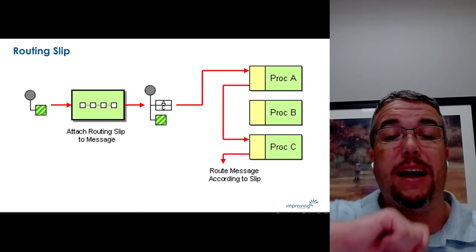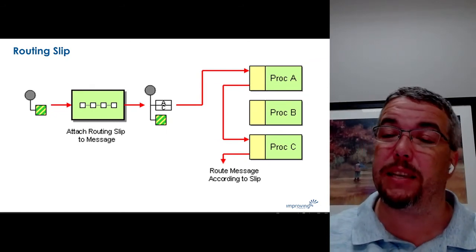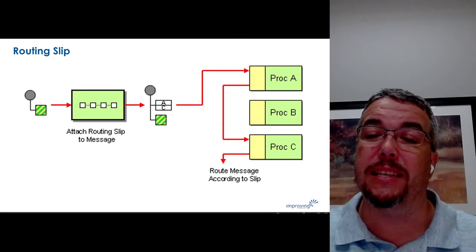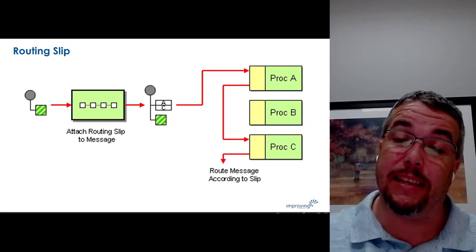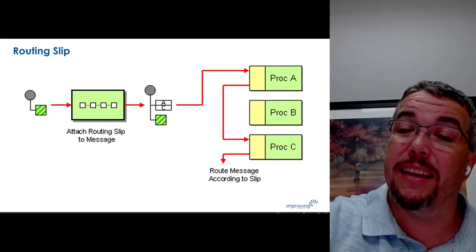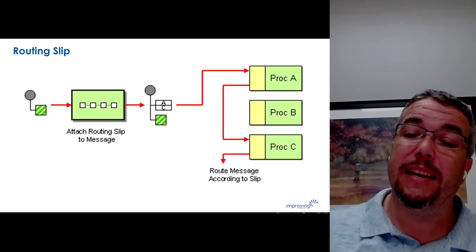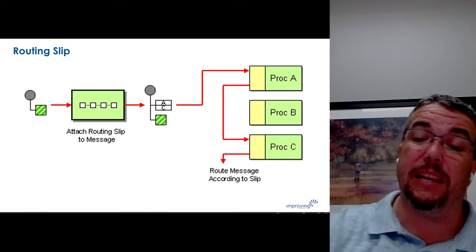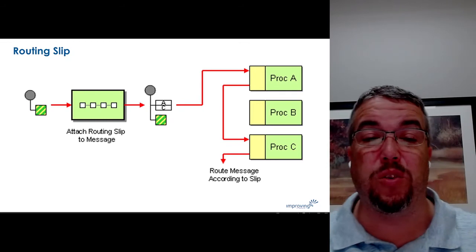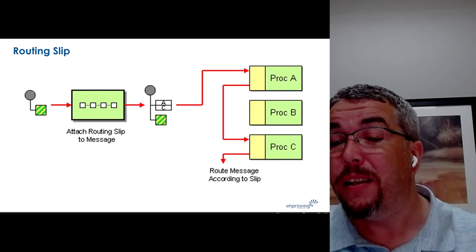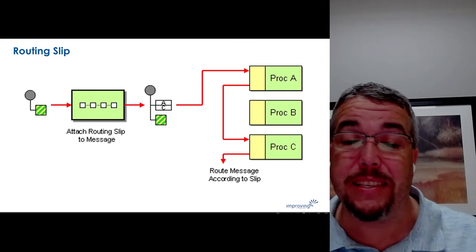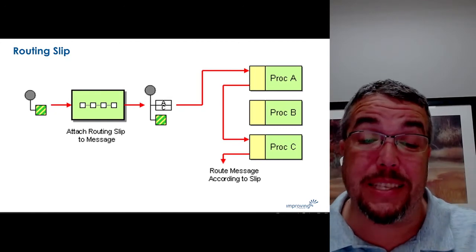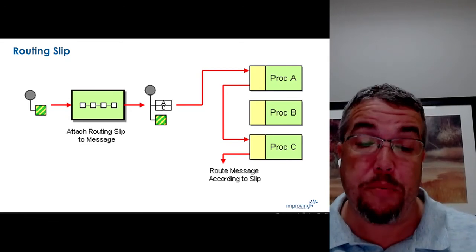And yet, when I go to start processing something, so I say, hey, send this to process A because this has to go to A and then to C in this diagram, I can process A, it sends it on to process C. Now, if process C completes, it routes the message accordingly to wherever the slip says to go afterwards. But if process C fails, it knows to call back to process A and say, I am compensating back this slip. We've had a problem.